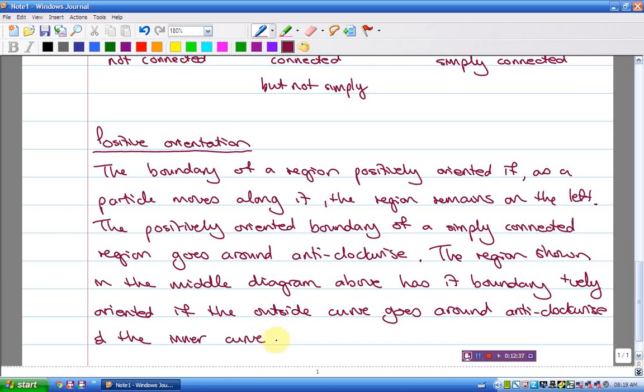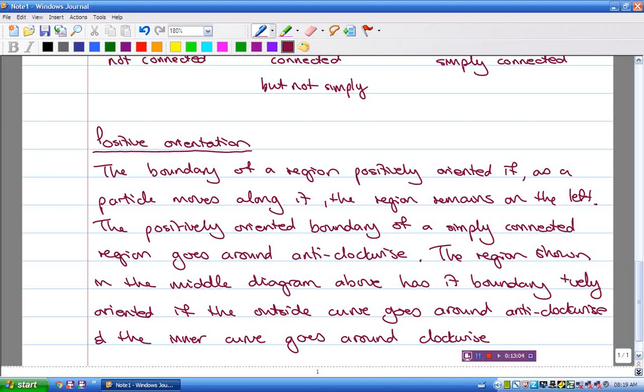The inner curve goes around clockwise. Question, yes? What would happen if we're describing a region which seems to have both positive and negative orientation?